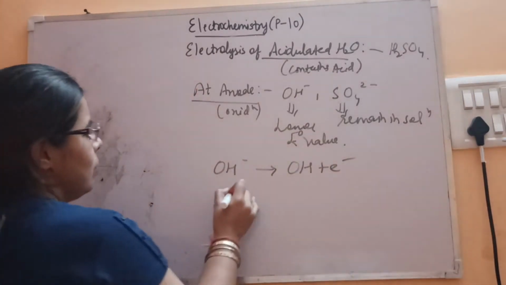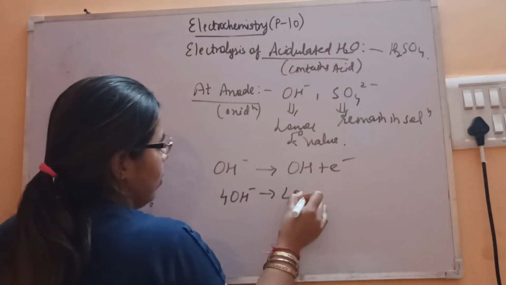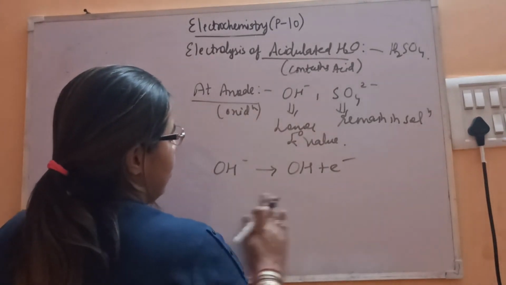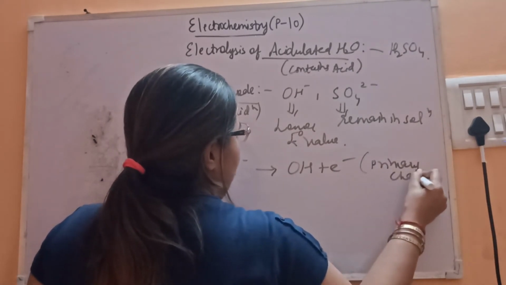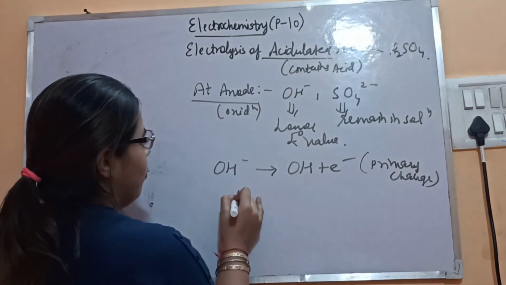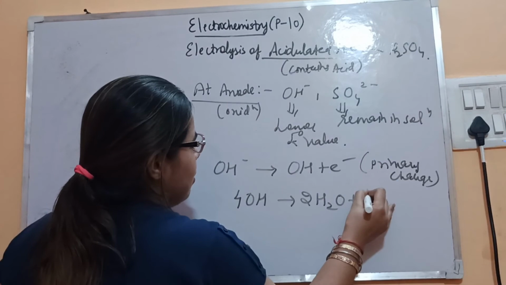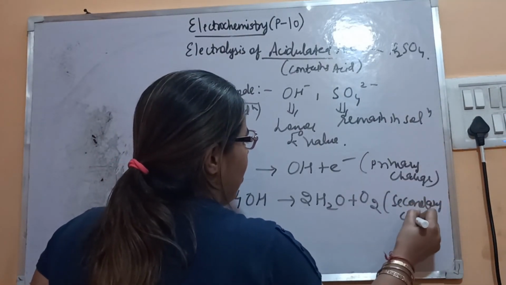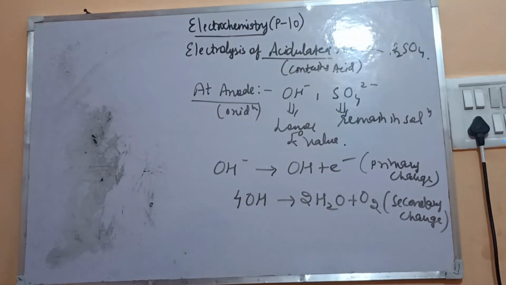So 4OH minus gives you 4OH. This is also primary change, and further 4OH will give you 2H2O plus O2. This is your secondary change.